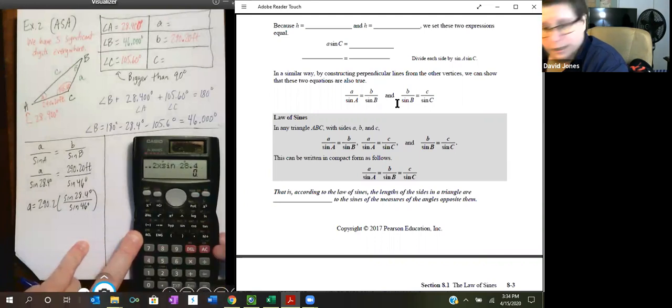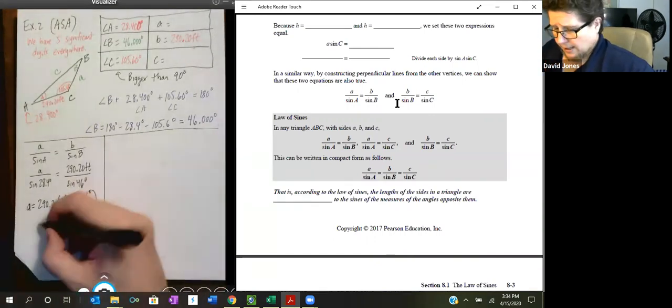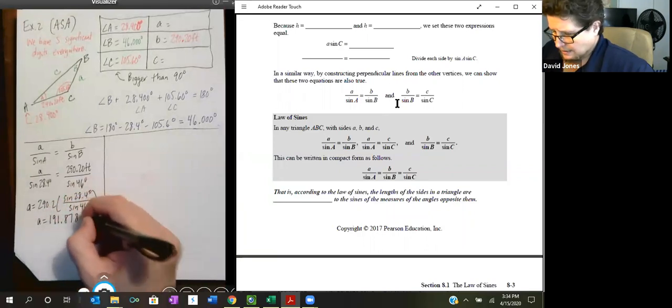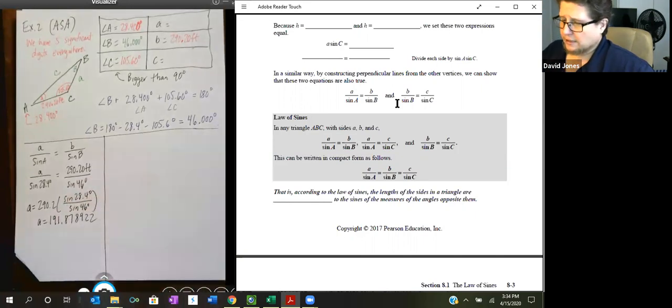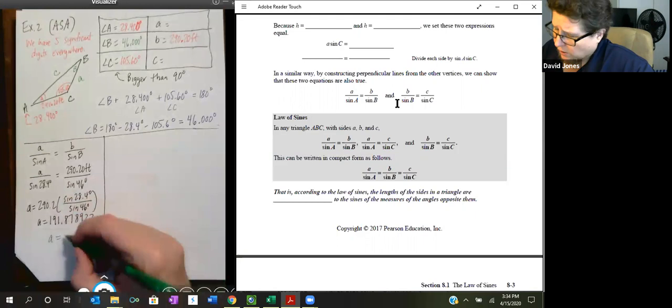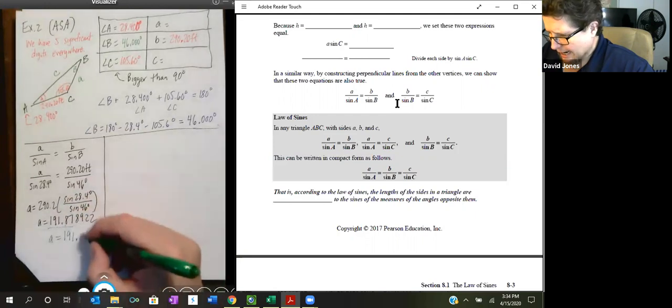Times sine of 28.4 divided by sine of 46, to 5 digits, is 191.88.